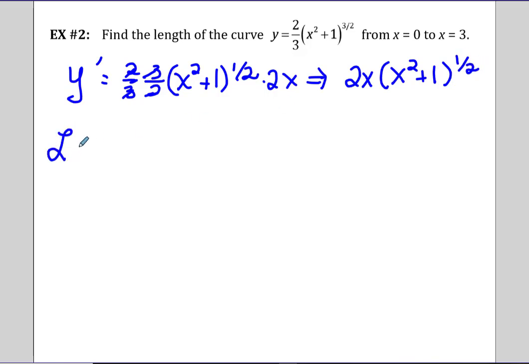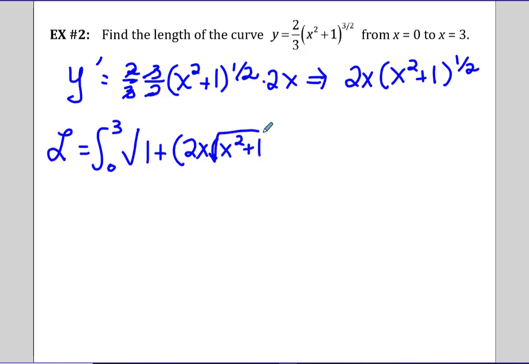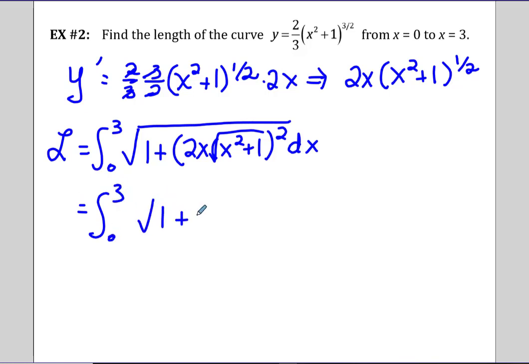So our arc length from 0 to 3 is the radical of 1 plus the quantity 2x times x squared plus 1 to the 1/2 power squared dx. And all of that's under our radical. So from 0 to 3, we have 1 plus 4x squared times x squared plus 1 with respect to x.